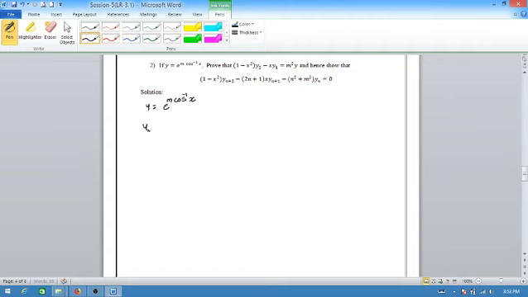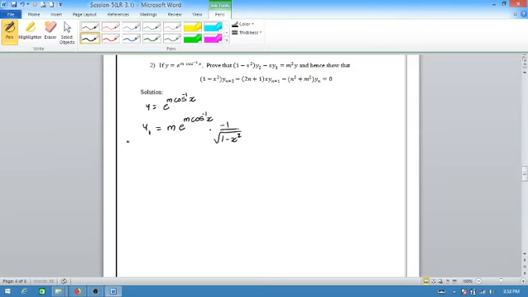So differentiating, differentiation of y is y1. Now differentiation of e to the power of m cos inverse x. Use the chain rule here. You know the differentiation of e to the power of mx is m into e to the power of mx. So m into e to the power of m cos inverse x, m is constant, into differentiation of cos inverse x, which is minus 1 divided by root of 1 minus x square, right?